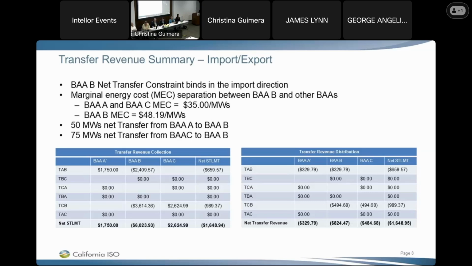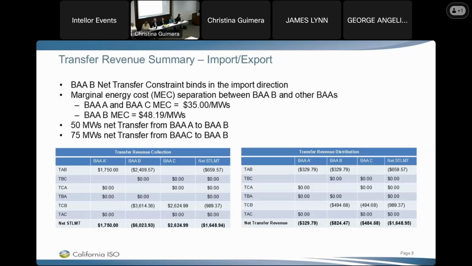For the transfer revenue for C to B, the $989.37 is split evenly. And so BAB and BAC get $494.68 each as well. Now this is the transfer revenue. This is a payment to those BAAs, and it's for those BAs to distribute as they see appropriate.